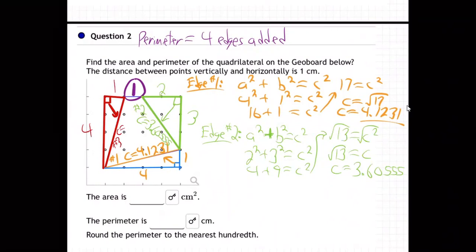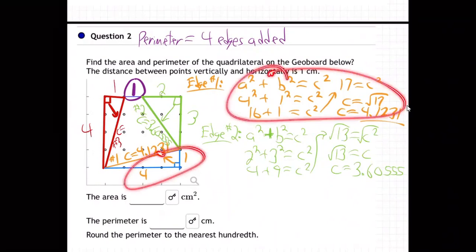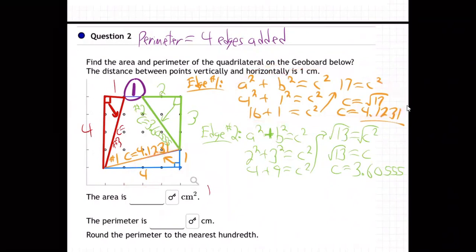Hey, look right here. We just did a 4 by 1 right here. It's going to be the same. Edge number 3 is going to be the same as edge number 1. I'll do it real quick. A squared plus b squared is c squared. You can save some time, sometimes these repeat.